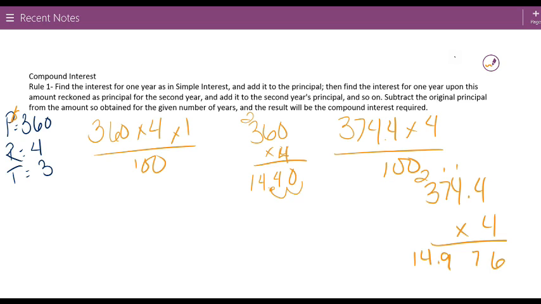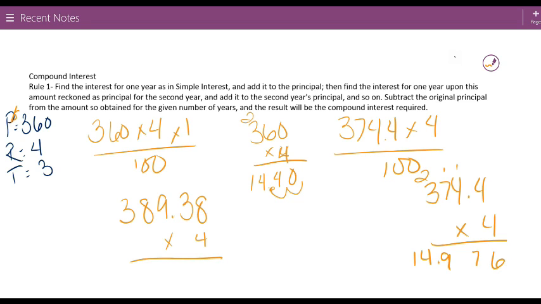It's a lot of separate problems that you have to work through, but it gets you to the right point. You just have to be patient and go through all the problems. And then of course you would go ahead and add this in, so it would be 389.38 times 4.